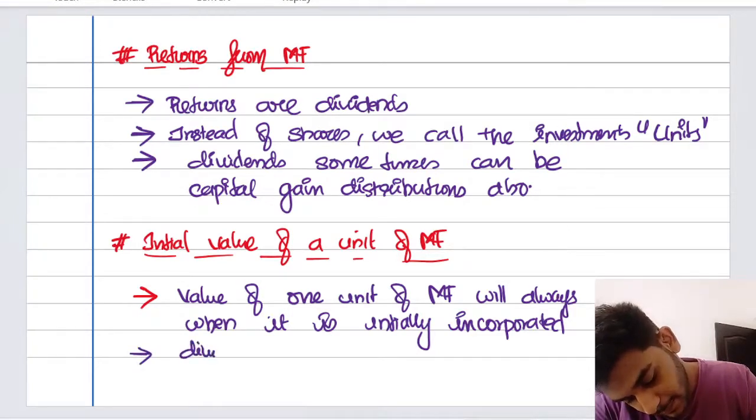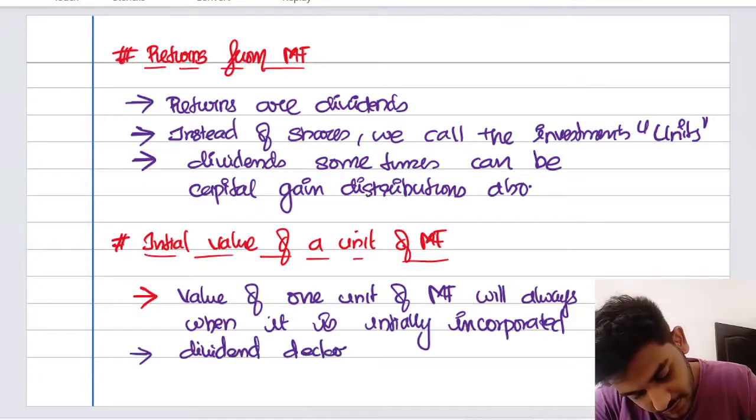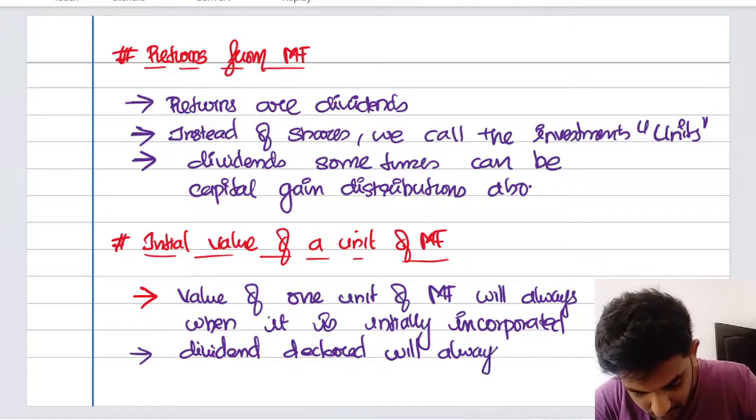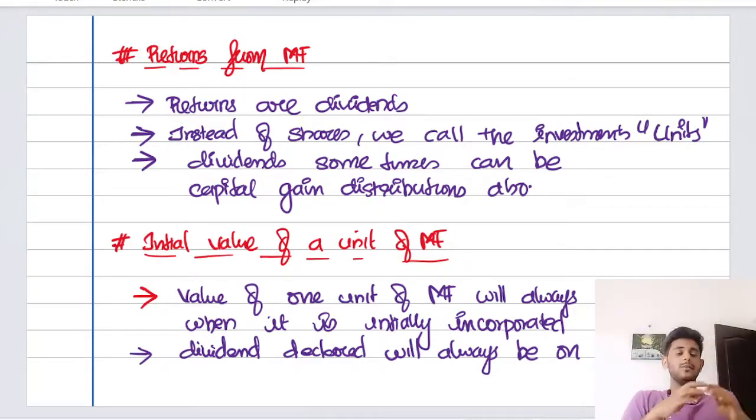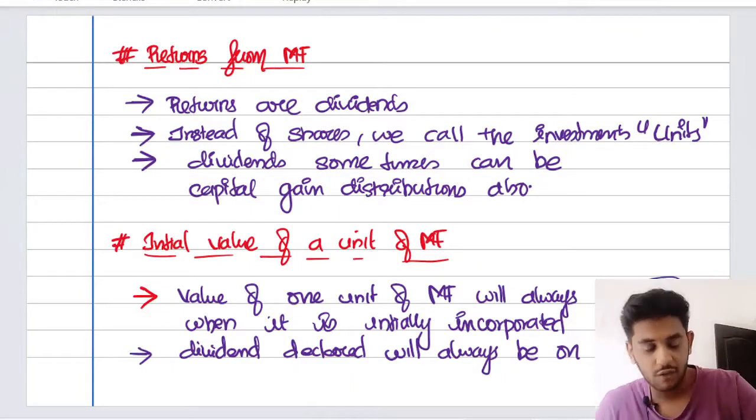Dividend declared will always be on this rupees 10. So if the dividend is being declared as a percentage, we will be calculating the amount of dividend on the basis of this initial NAV of rupees 10.